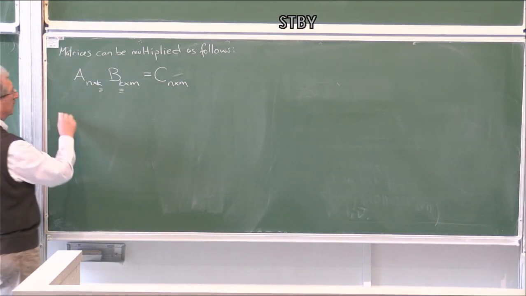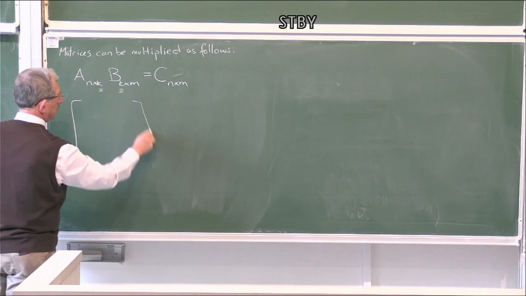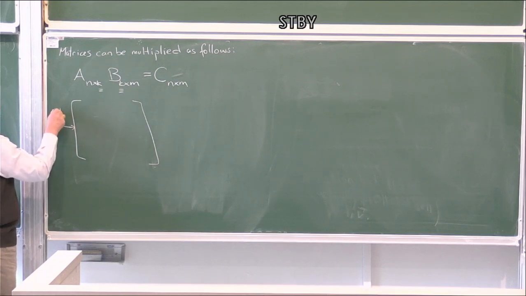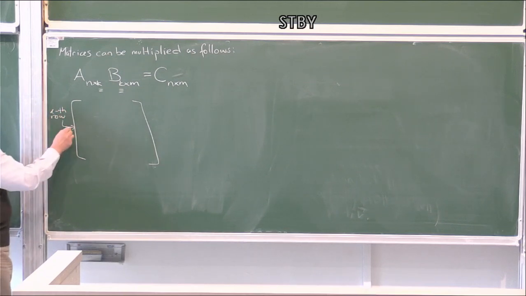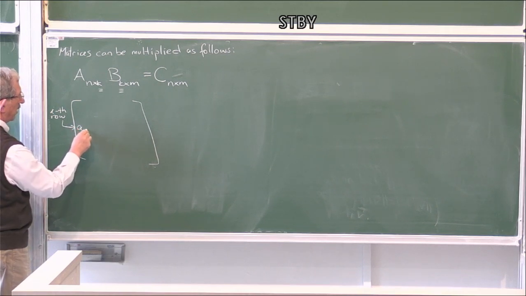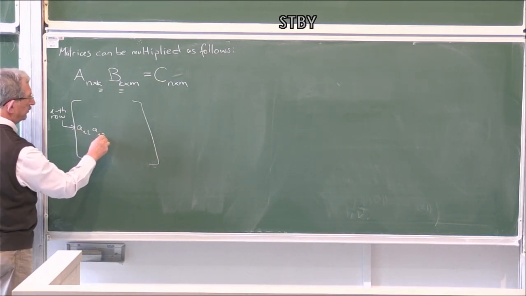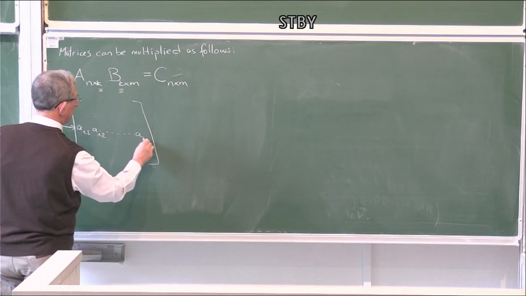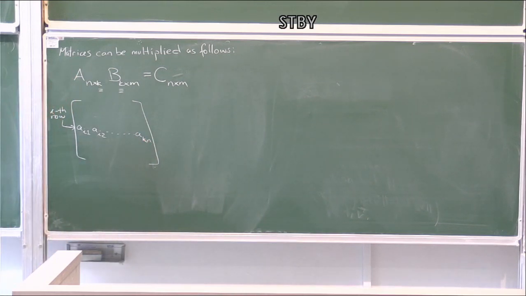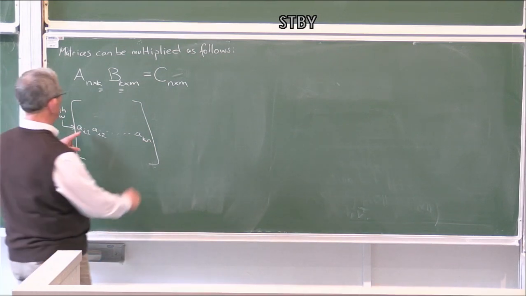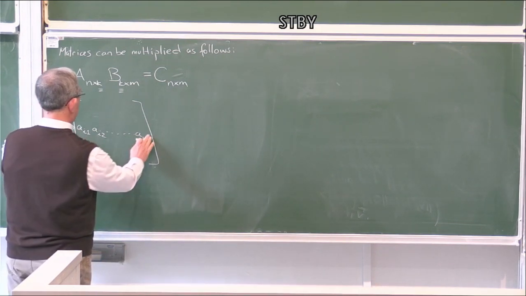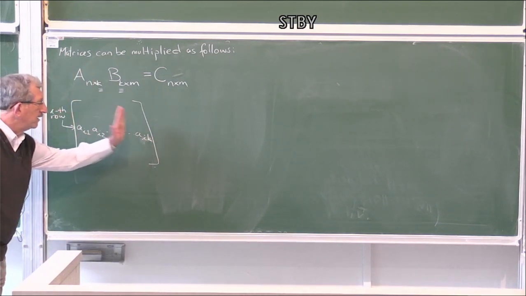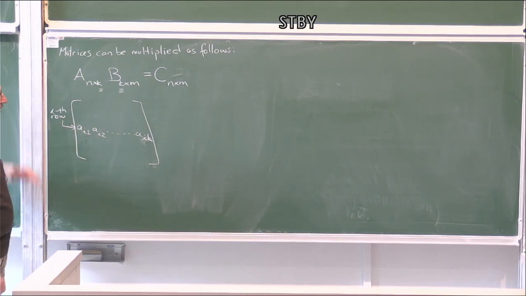Let me write down what these are. A, I will take the ith row, that would be Ai1, Ai2, up to Aik. So there are k columns and n rows.